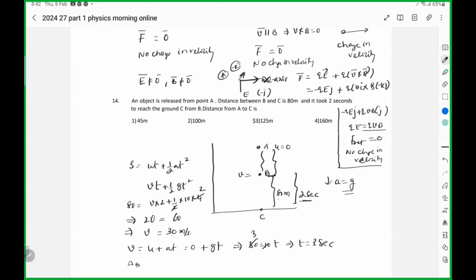So AB will be ut plus half g t squared. Initially it is released, so u is 0, g is 10. That is 45 meters. So AC becomes 80 plus 45, that is 125 meters.